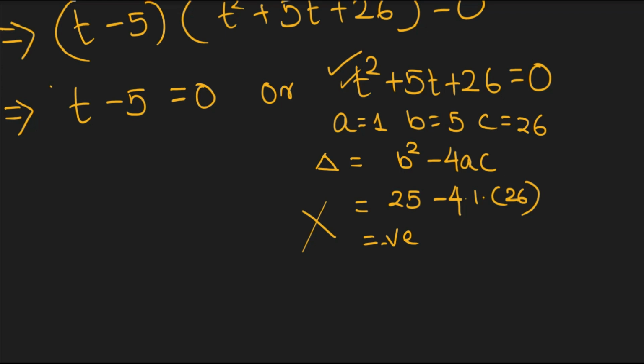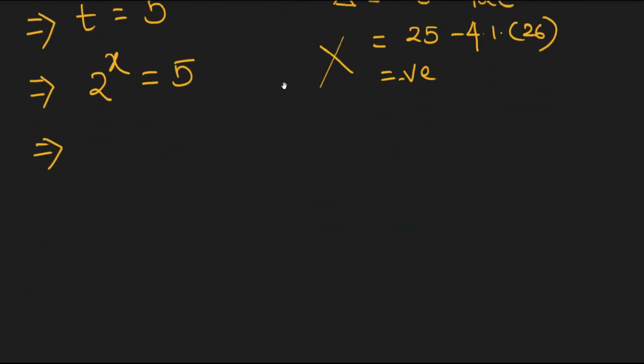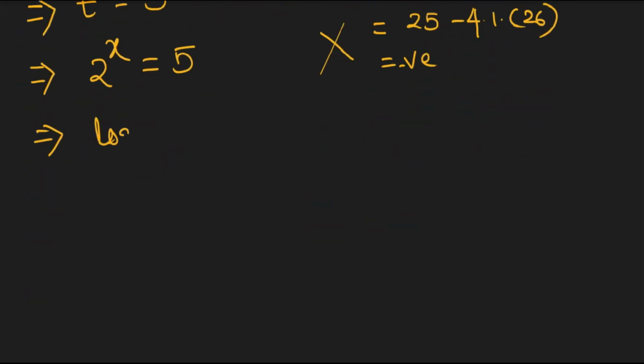Now coming back to t minus 5 is equal to 0, we can write t is equal to 5, and we have already considered t as 2 to the power x, so 2 to the power x is equal to 5. Now putting log on both sides of the equation, we can write log 2 to the power x is equal to log 5.